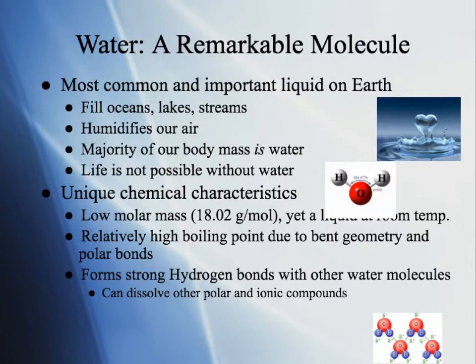We call it a universal solvent, because it can dissolve almost anything. There's a lot more ionic and polar compounds in the world than nonpolar. So water is going to be able to be a solvent for many different kinds of compounds.